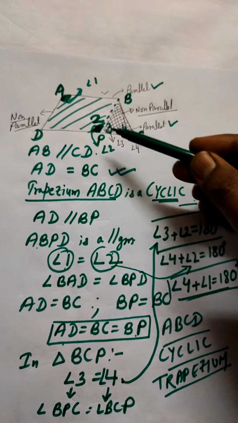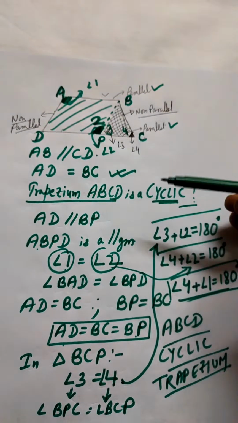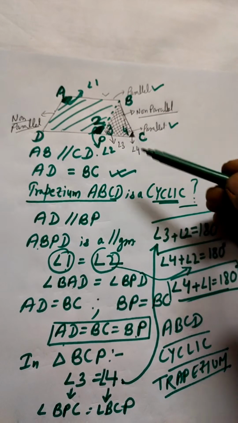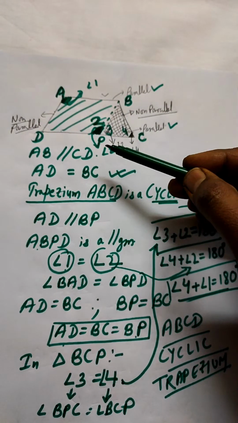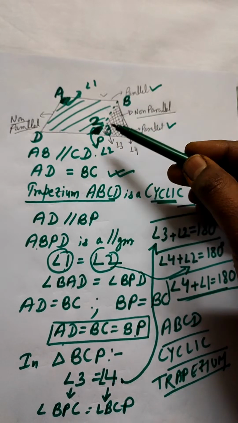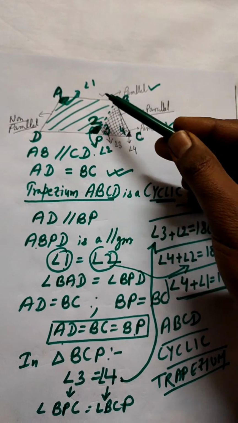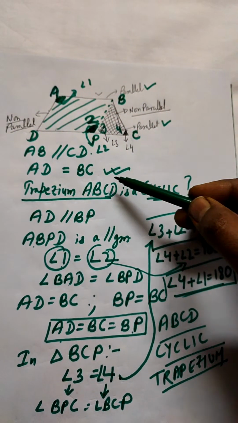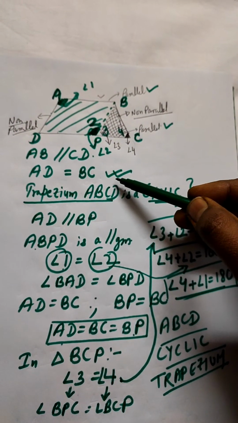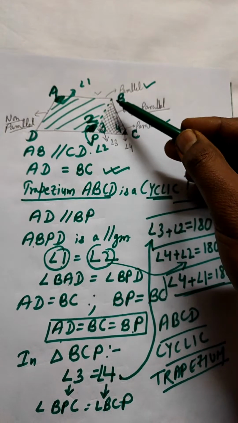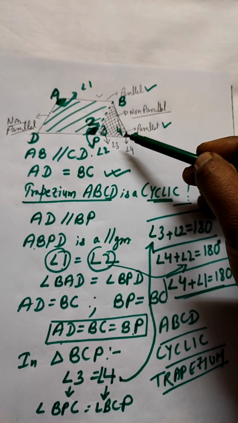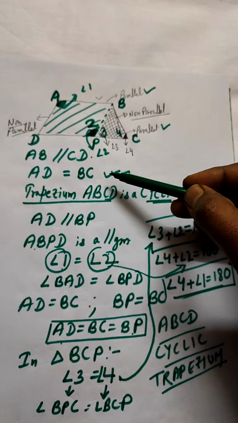How? Because the opposite pair of sides are equal and parallel. AD is equal to BP as per our construction, and BC and AD are equal, being the non-parallel sides. So we can say that BP is equal to BC.